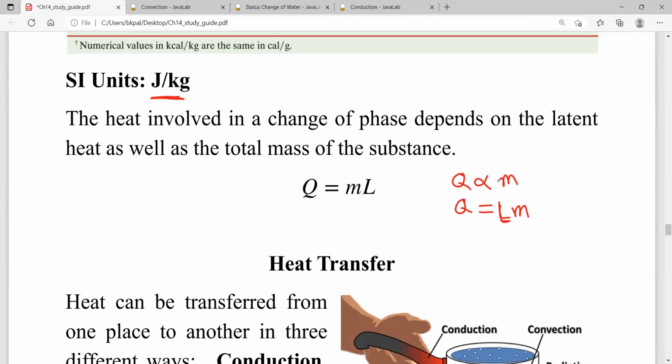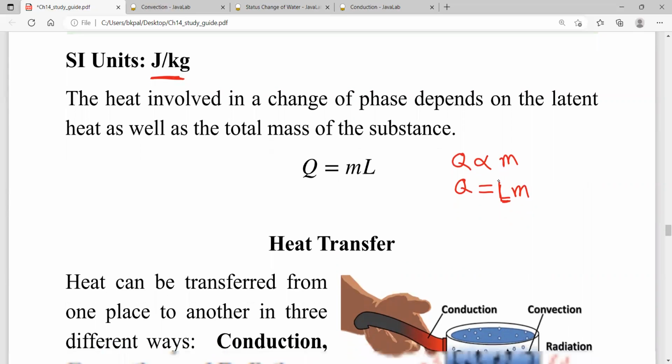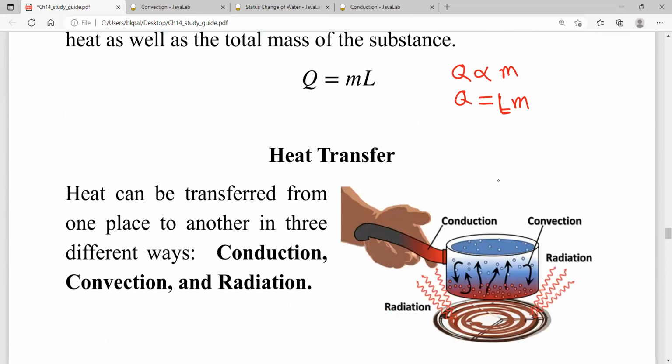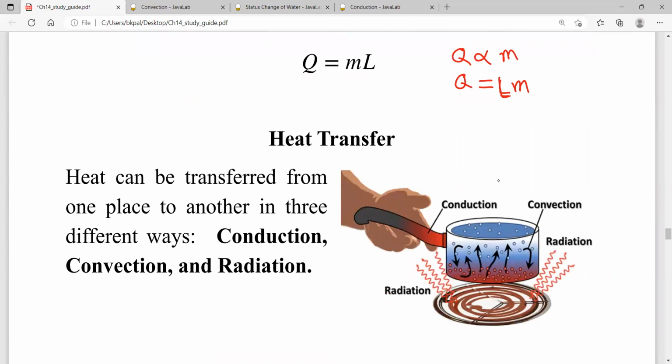All right. The next thing is the heat transfer methods. There are three methods by which heat can transfer from one object to another object or one place to another place. They are conduction, convection, and radiation.